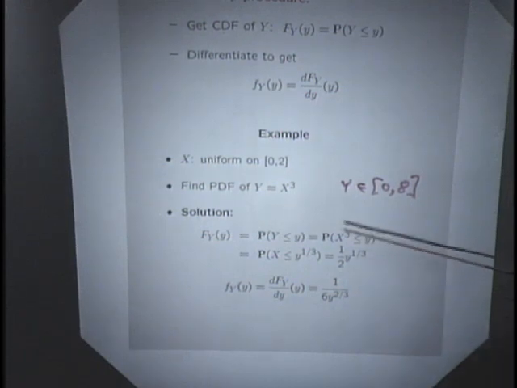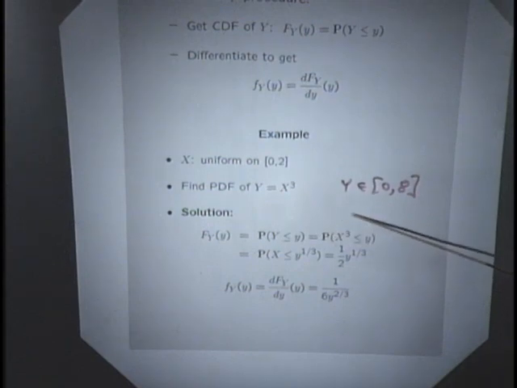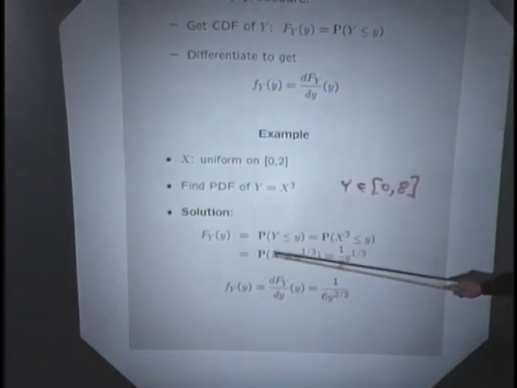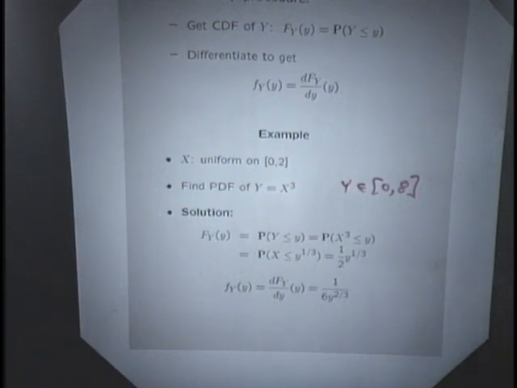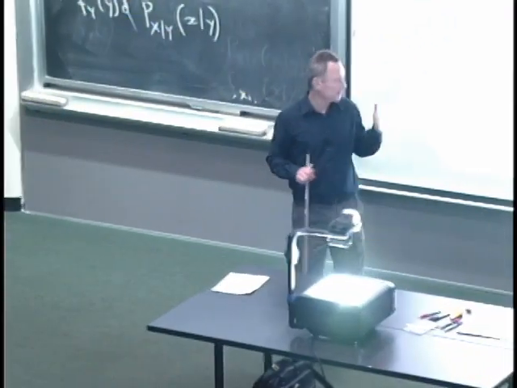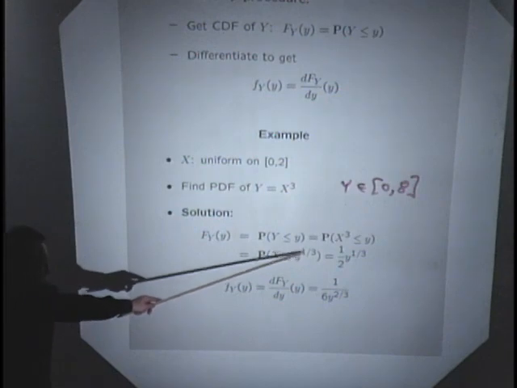We massage that expression so that it involves capital X directly. So let's take cubic roots of both sides of this inequality. This event is the same as the event that x is less than or equal to y to the 1/3. Now, with a uniform distribution on 0, 2, what is that probability going to be? It's the probability of being in the interval from 0 to y to the 1/3.